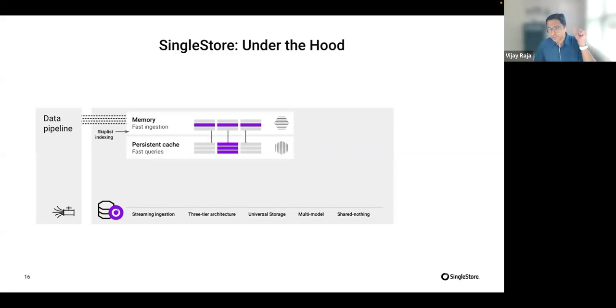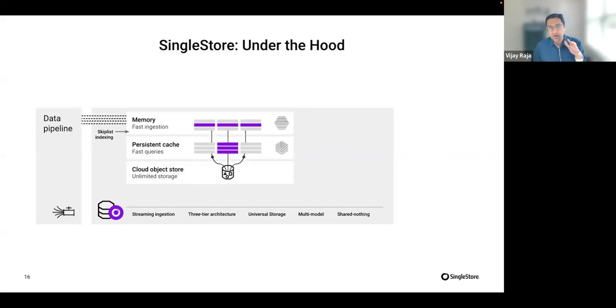So tier 1 is in memory, tier 2 is the disk-based column store, and tier 3 is your cloud object store, whatever you're using, that could be S3, Azure Blobs, or Google Cloud Storage. So it is these 3 layers, this 3-tiered architecture, that really makes it unique.